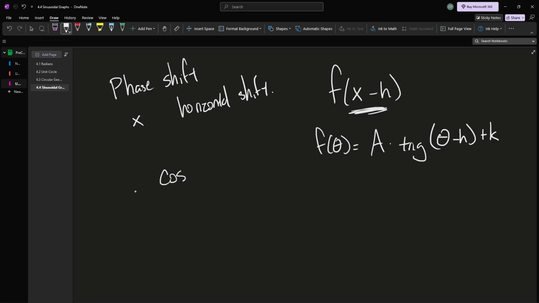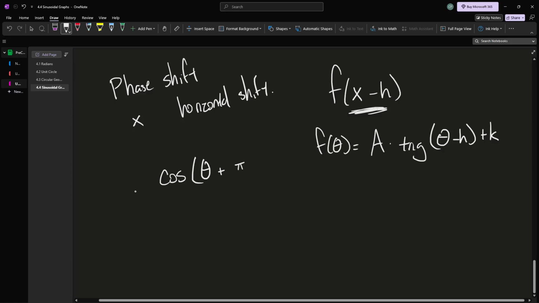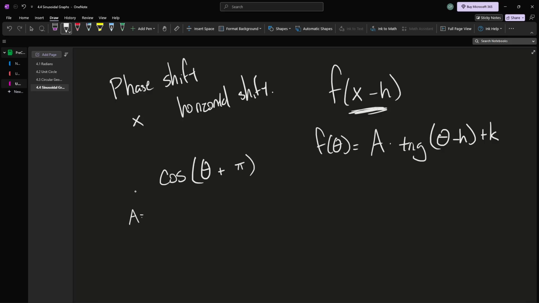So the cosine of theta, we thought a bit about minus. Let's say do plus pi over 4. Actually, we'll just do it plus pi. Cosine theta plus pi. Once again, we must list everything that we know. Amplitude here, we have nothing, but nothing means it's being multiplied by 1.